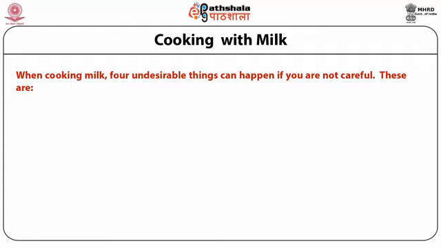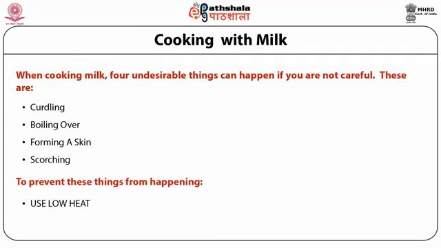These happenings are curdling, boiling over, skin formation, and scorching. Before proceeding into their details, we must keep two laws of milk cooking in our mind. That is, use low heat and stir it constantly.